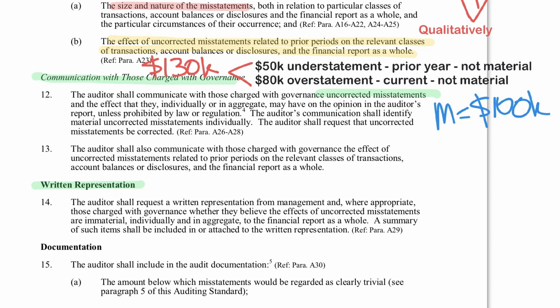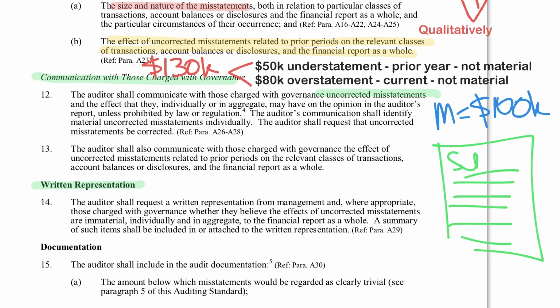Remember before, I had that schedule of all of the misstatements that I would take to management. I'd also need to provide that to them in writing. I want to say, okay, here are the misstatements. Here are the ones that you've agreed to make changes on. Here are the ones you refuse to make changes on.